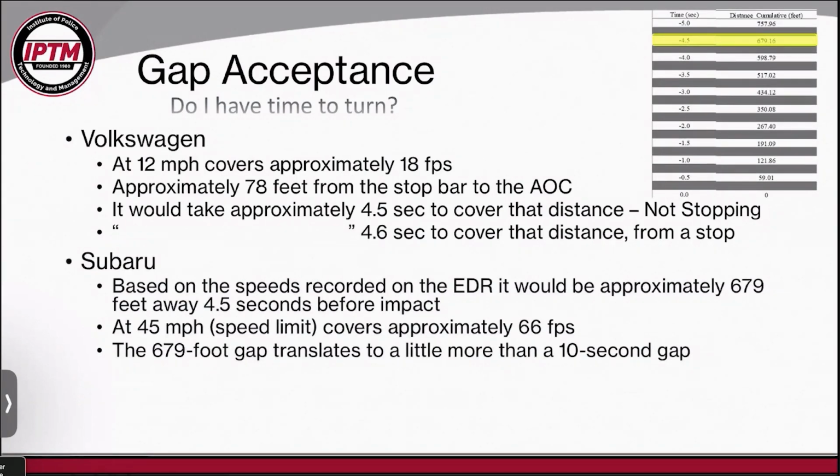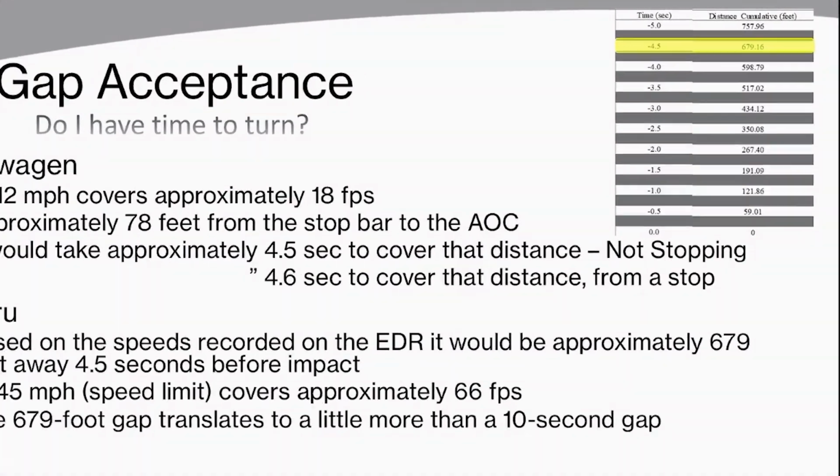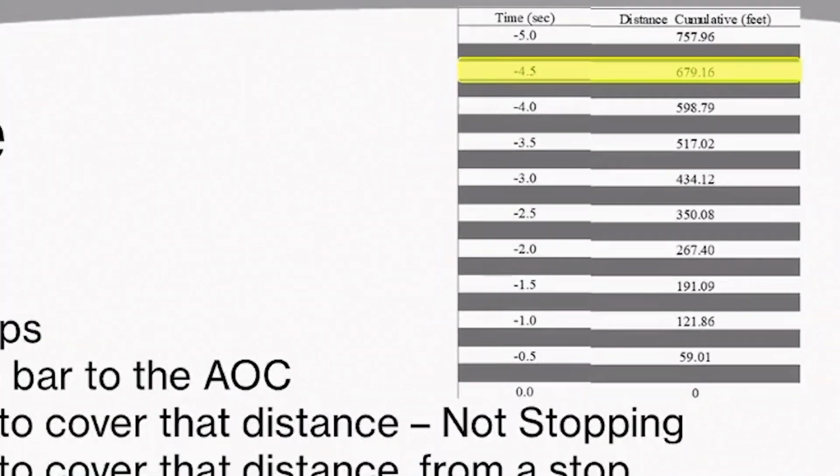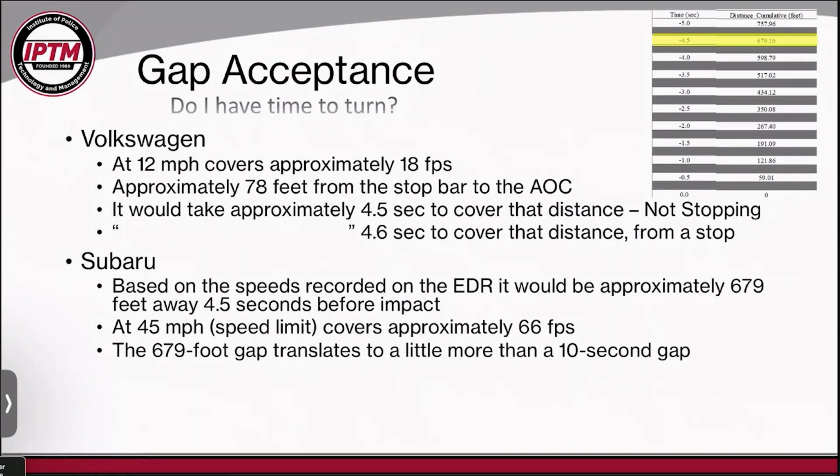And what we see here is that at about 4.5 seconds, what you're seeing in the upper right-hand corner is a snapshot from the time distance of the Subaru. And we're seeing that at that 4.5 seconds, the Subaru was approximately 679 feet away. So what that means is that when the driver of the Volkswagen was looking down the road and said, okay, I'm good to turn, it was about 4.5 seconds prior to the impact.